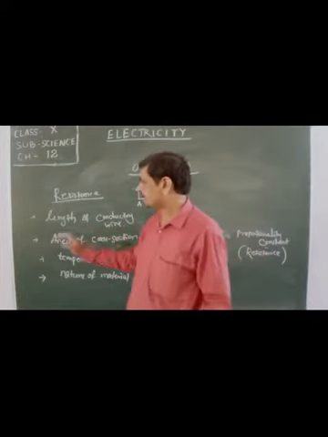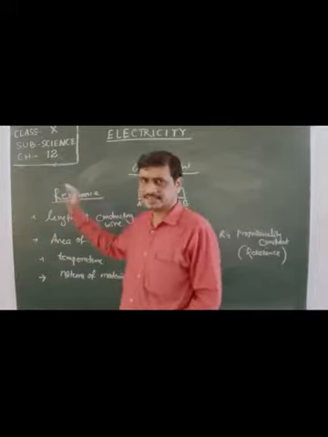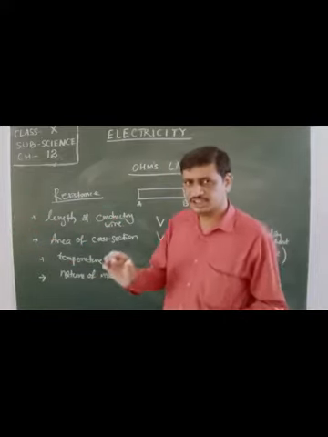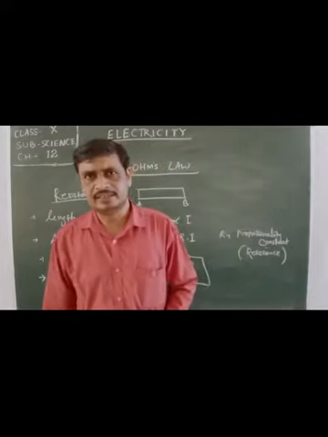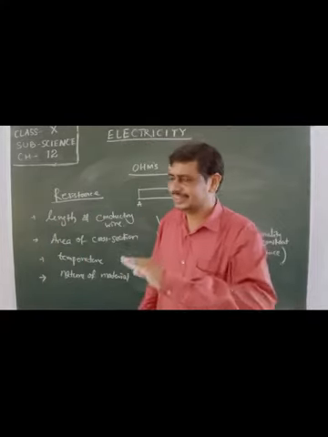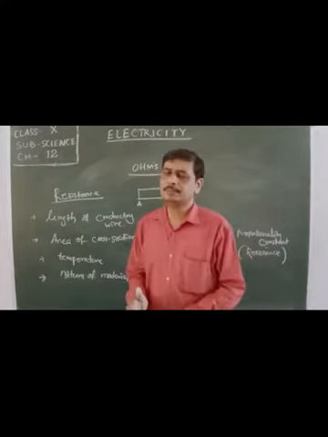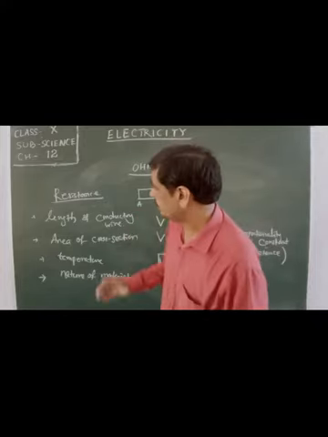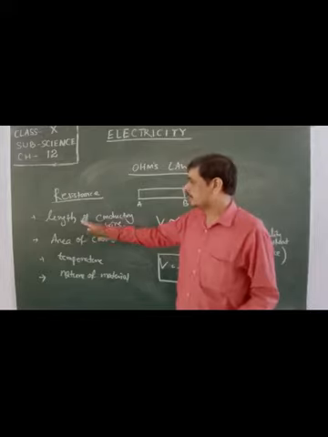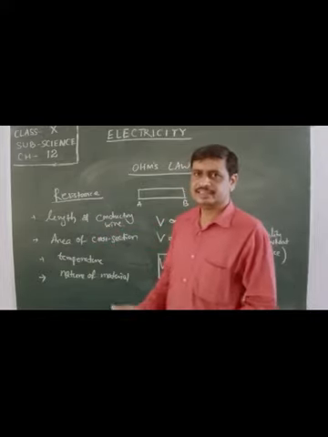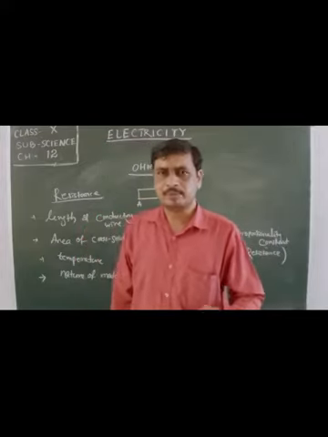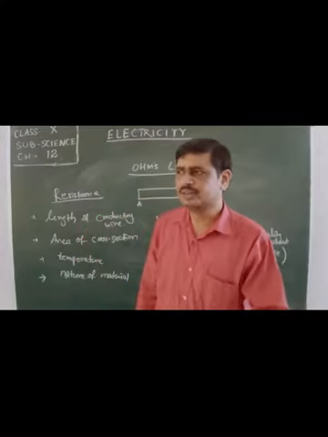If the length of a conductor increases, the resistance of the material also increases. If we take a short length of conducting wire, then the resistance will decrease and more electric energy will be transmitted. If the length is more, when it is transmitted for a long distance, then more electric energy will be used.